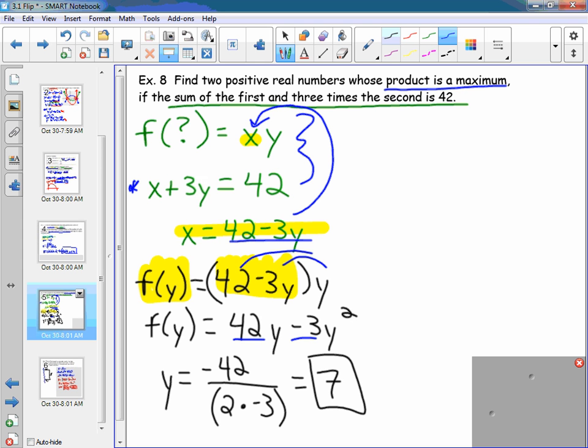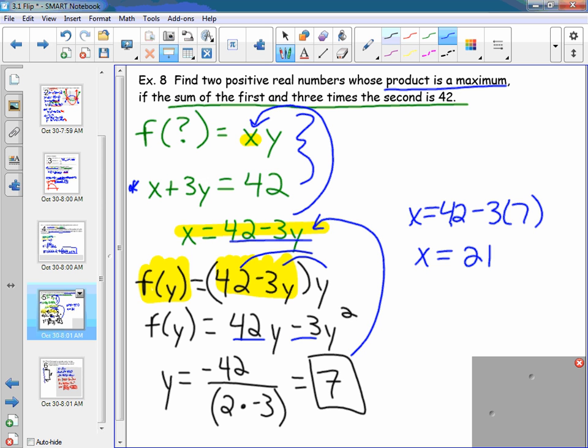So now that we know that y is 7, we can take that value, plug it back in here, and we'll have x equals 42 minus 3 times 7, or x equals 21. So our two numbers here that would yield a maximum and meet that second criteria that x plus 3y equals 42 would be 7 and 21.